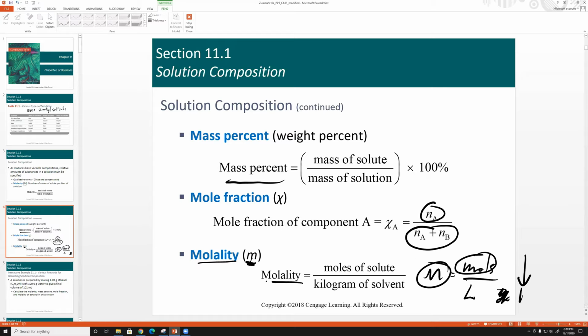When you're dealing with molality, if you do the same thing, you have a specific amount of moles in a piston, and then you compress the piston, you put more pressure on it, the kilograms of solvent will stay the same because you're not releasing any. It's the same number of molecules. You're just compressing them.